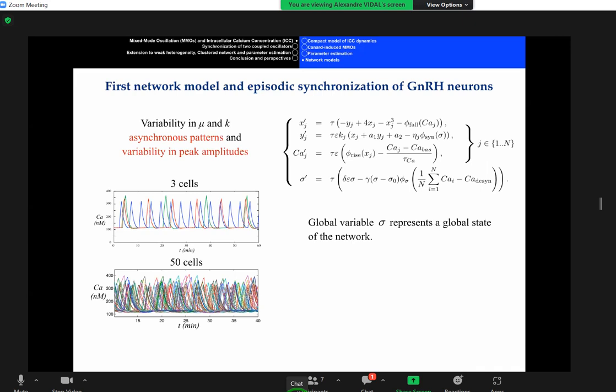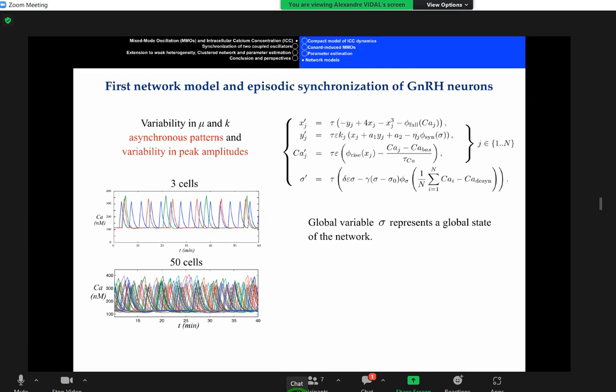So this is what we obtain by taking just the equation in xg, yg, cag, g being the identifier of one neuron. And we take N neurons if we consider that they are completely uncoupled and that we have some variability in parameter k, so it depends on g, and eta, it depends on g. I changed the name of the parameter; it's exactly the same as mu.